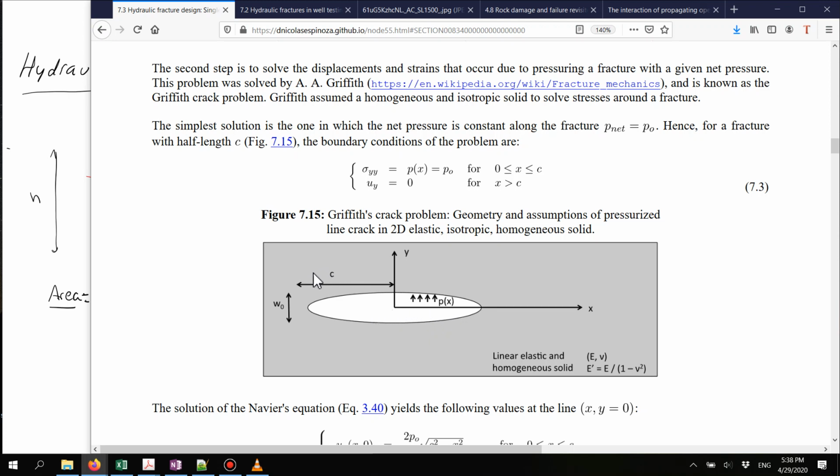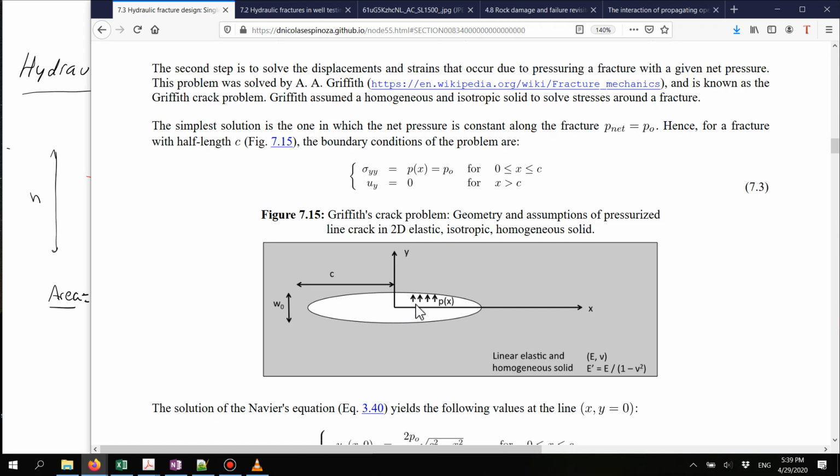Let's start with the length. It has a half length which is C, and it has an initial finite width, but which is very small. Here I have amplified that width, but in the theory it should be quite small.